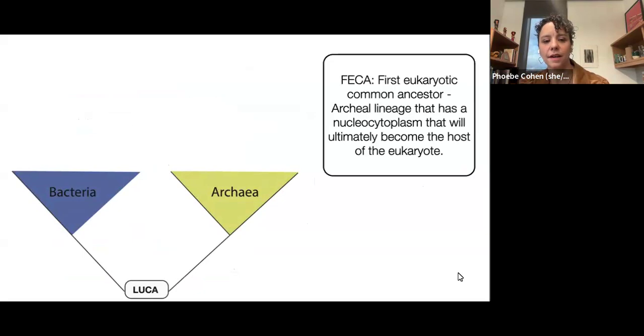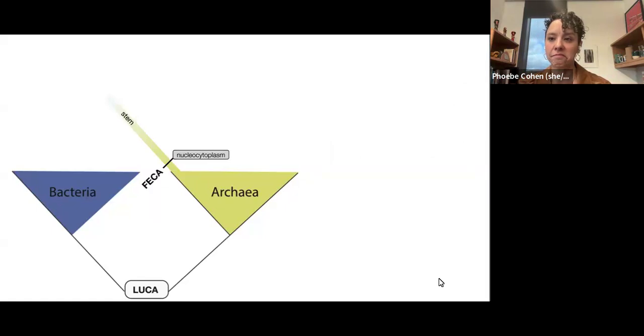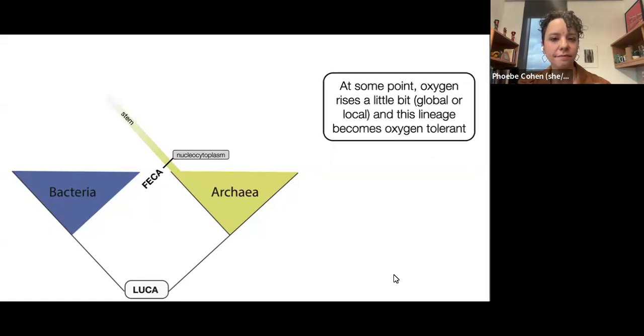And then we have Theca, the first eukaryotic common ancestor, which is essentially the cytoplasmic bag that will eventually turn into a crown group eukaryote. This is an archaeal lineage, and it has the nucleocytoplasm that will ultimately become the host of the eukaryote. So now we maybe consider ourselves in the stem eukaryotes, depending on how you feel about that term.